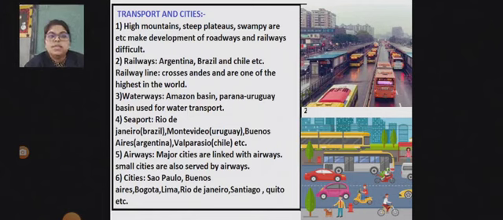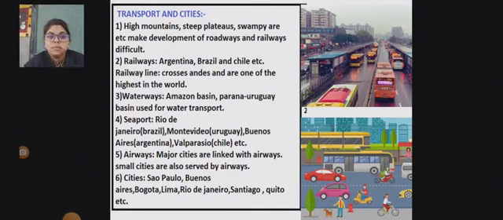Because there are steep plateaus and swampy areas. That's why development of roadways and railways is quite difficult, and thus development of airways is done to a great extent. Major cities are linked with the help of airways. Small cities are also served with airways.